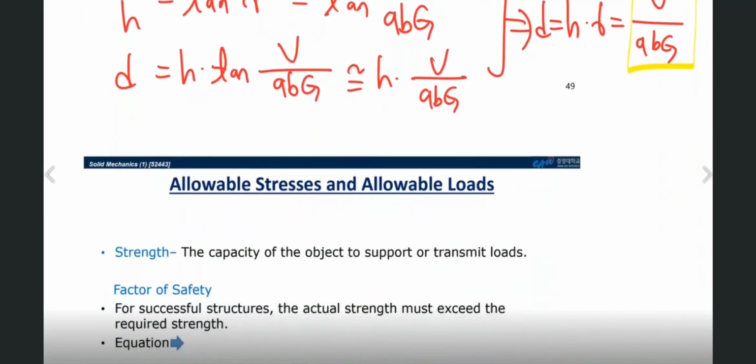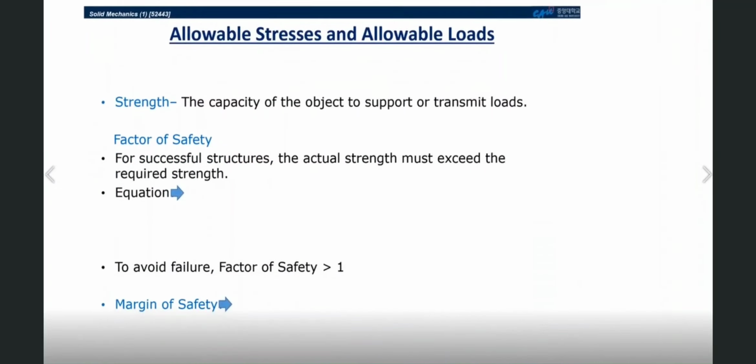Okay. Now move on to the allowable stress and allowable load. As mechanical engineers, we do engineering design.